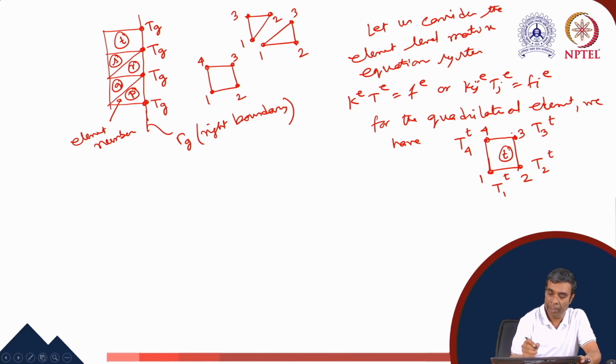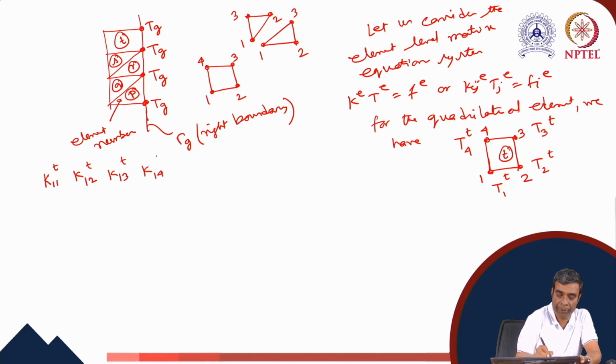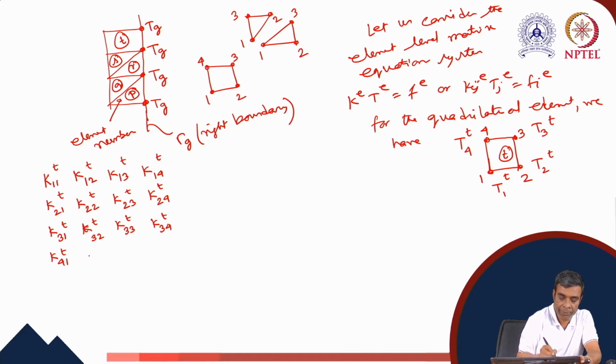So this element level matrix equation, we can write it as K11T, K12T, K13T, K14T, K21T, K22T, K23T, K24T, K31T, K32T, K33T, K34T, K41T, K42T, K43T, and finally K44T.